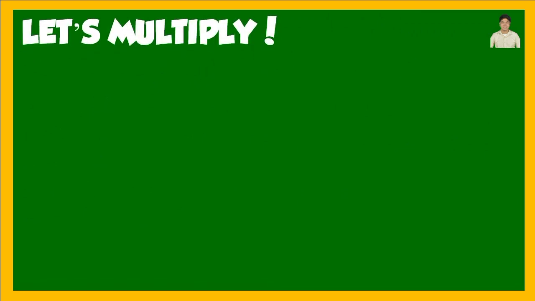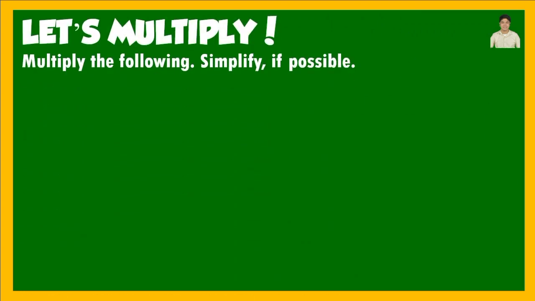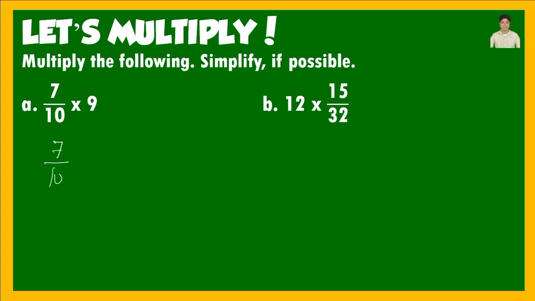So, let's try another examples. So, for letter A, we have 7/10 times 9. So, apply natin yung steps kanina. So, magiging 7/10 times 9/1 siya nun. Wala tayong ibang ilalagay na denominator ng whole number, kundi yung 1.